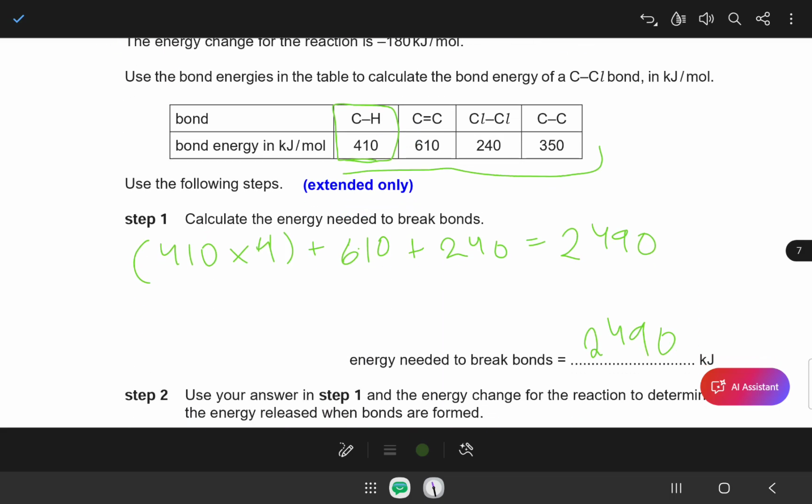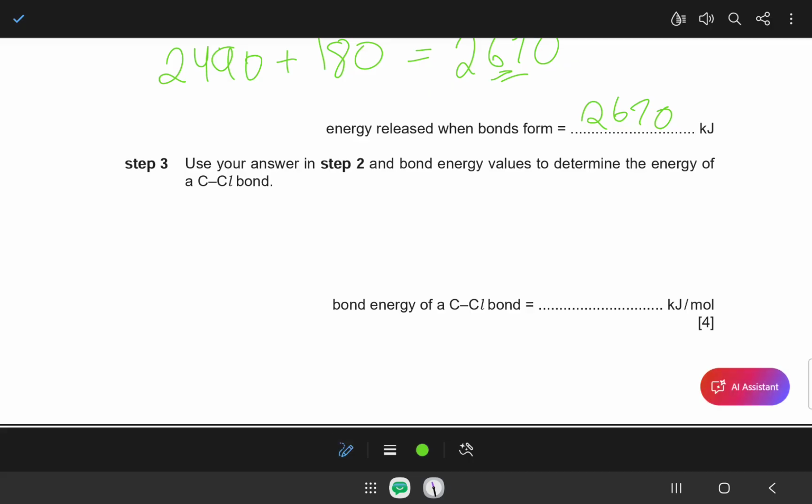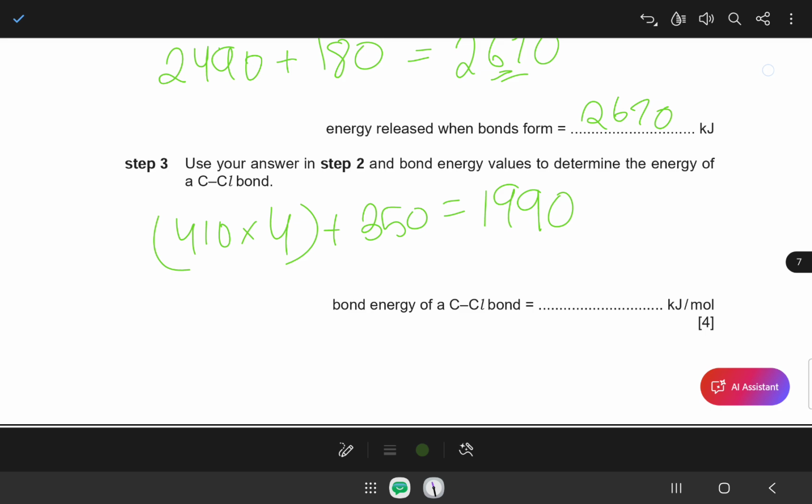So that means 410 times 4, plus 350, equals 1990. So now we have the products' energy except C-Cl.